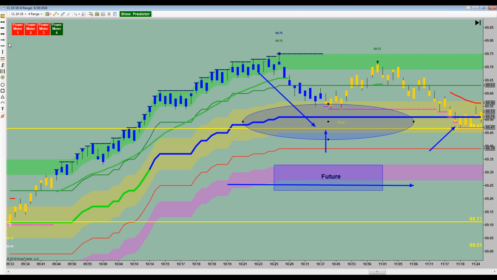Let me help you out. And if you didn't watch my webinar from the other day, I'm going to do it again. This is super simple. You take a ray. I don't know if I'm going to position this correctly. And the ray needs to go over the top of the candles.